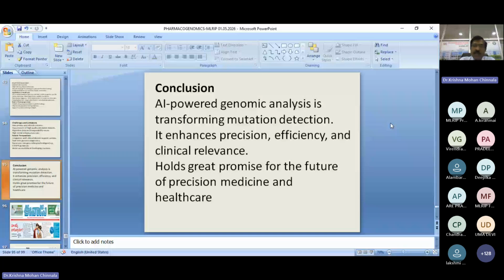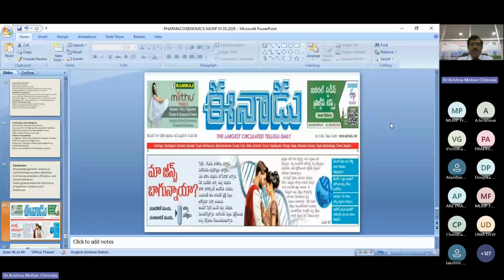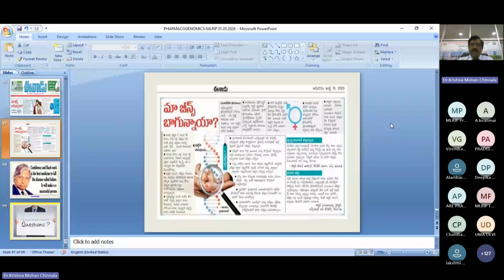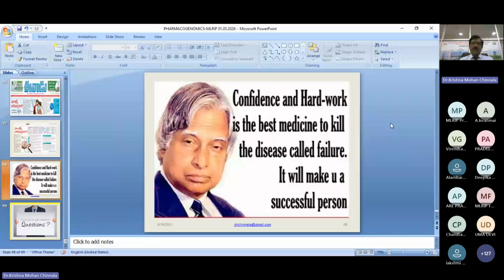It enhances precision, efficacy, and clinical relevance, and holds great promise for the future of precision medicine and healthcare. So think about whether your genes are good or bad, or what is the status of it. Think and read this article which was in Enadu on July 13, 2025. With this slide, I conclude my presentation.